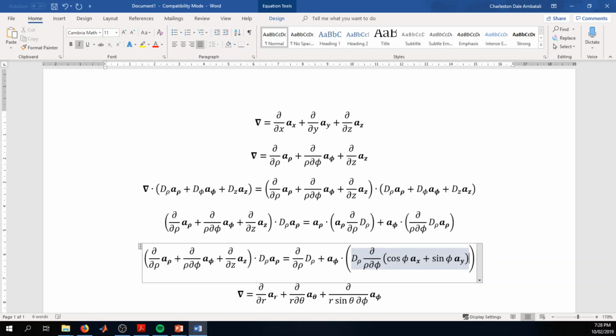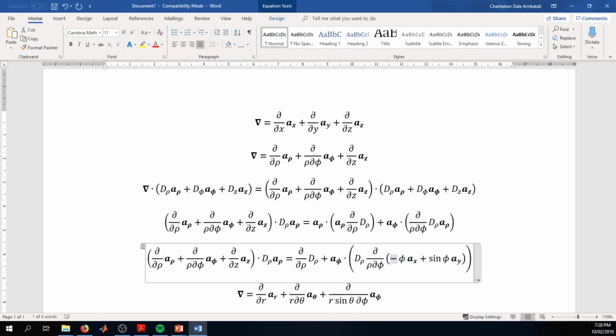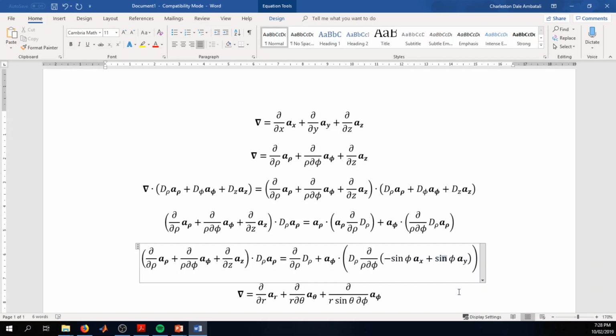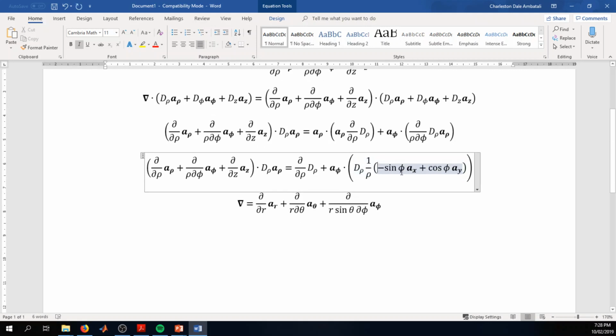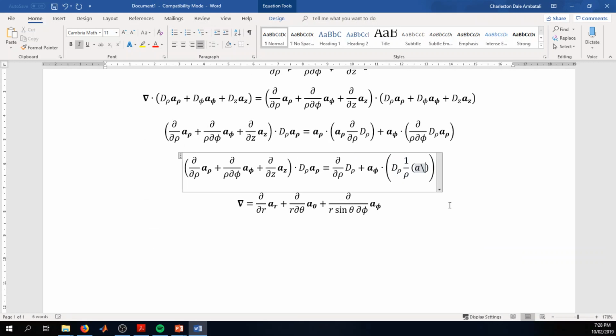There you go. If you take the derivative of both terms, the derivative of this is negative sine phi ax hat, and the derivative of this is positive cosine phi ay hat. So this derivative term will disappear. And this term inside is actually the definition of a phi hat, or the phi direction.